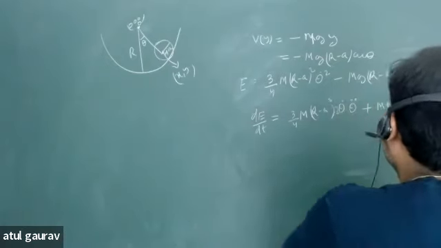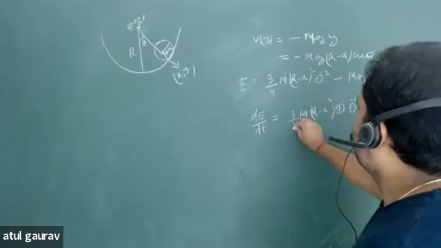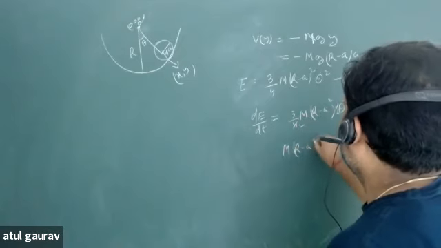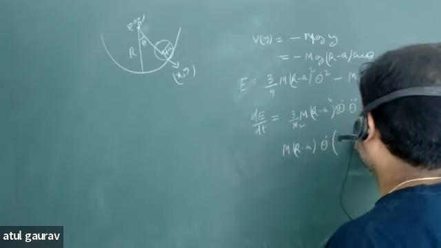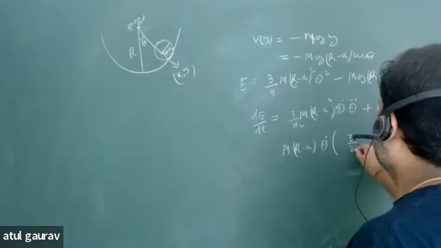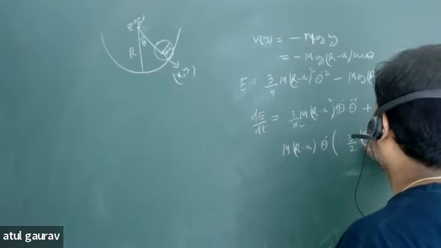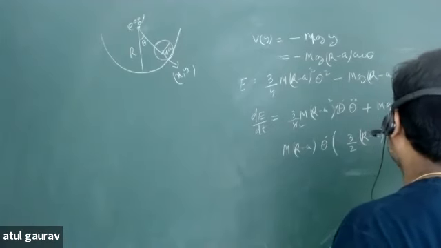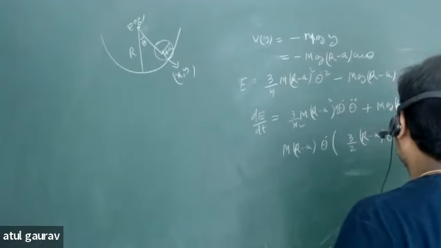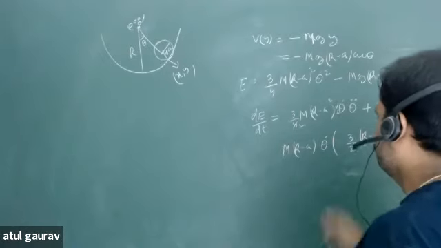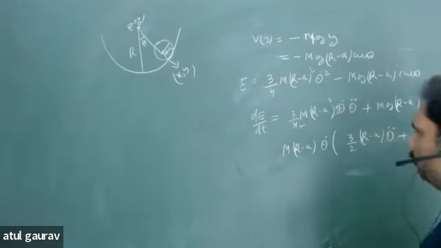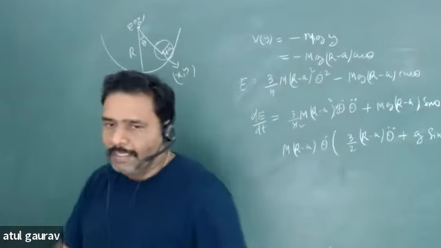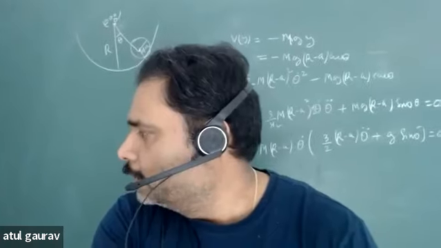You can take m (r minus a) theta dot common. Here you have 3/2 (r minus a) theta double dot plus g sin theta is equal to 0. Theta dot cannot be 0, (r minus a) cannot be 0, so this term has to be 0.